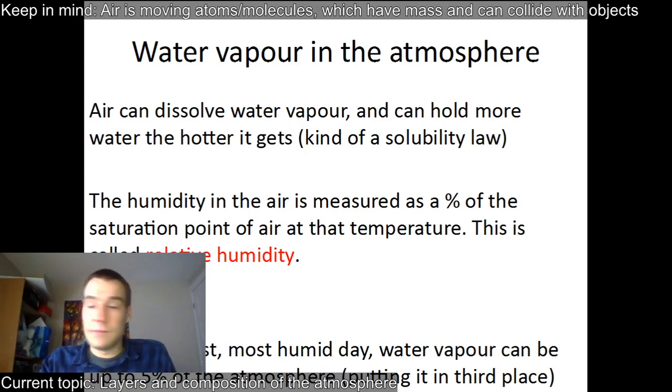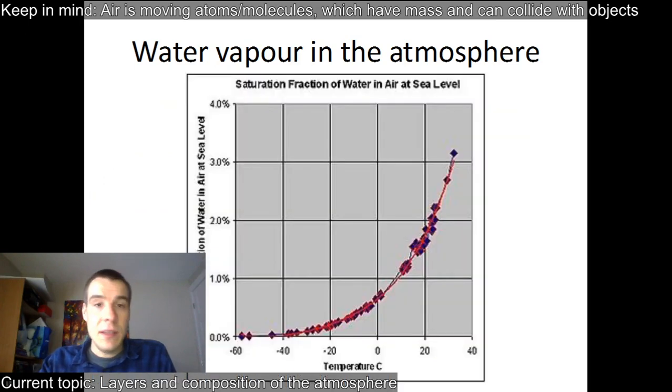So it's water vapor. Here's a graph of that saturation point. You see just how quickly the amount of water fraction increases with temperature. So like if it's 15 degrees outside, the water can easily hold 1% of the air.